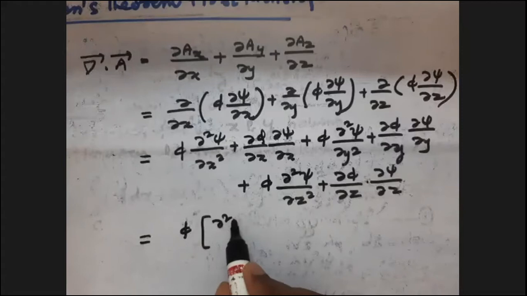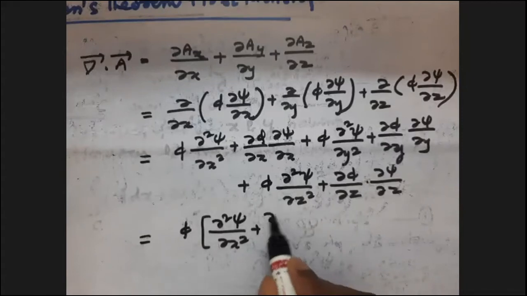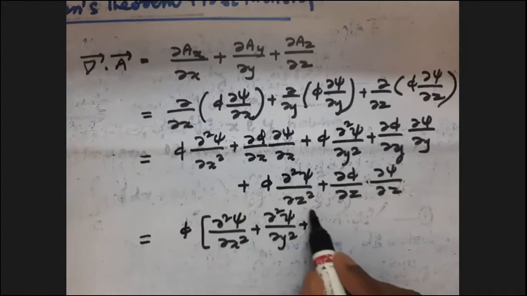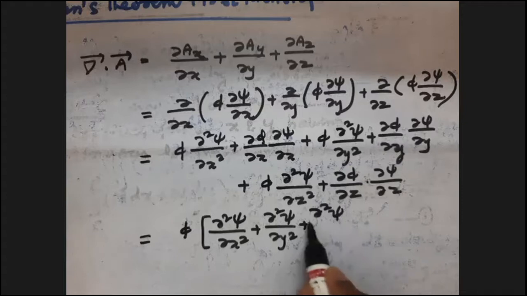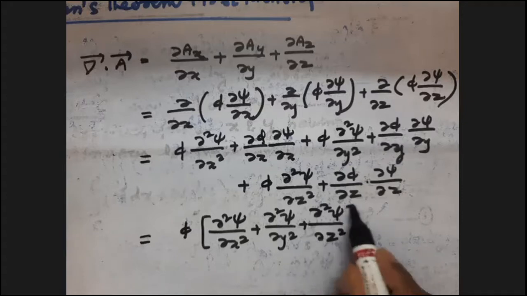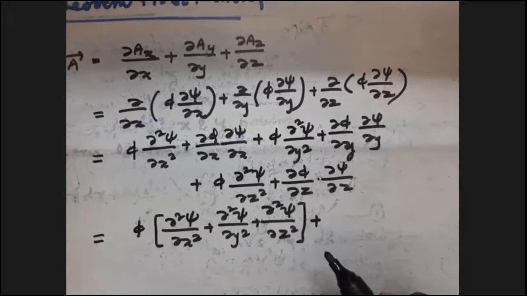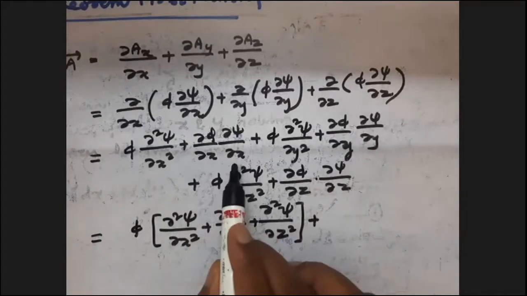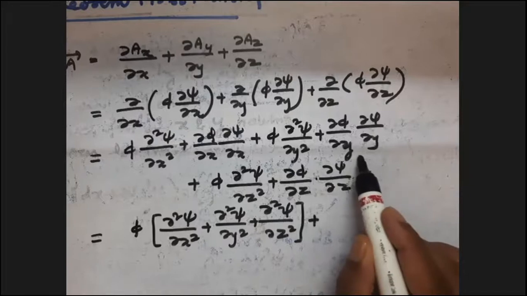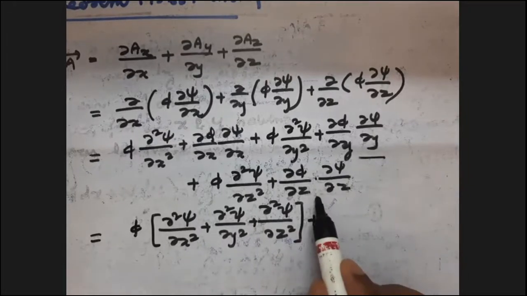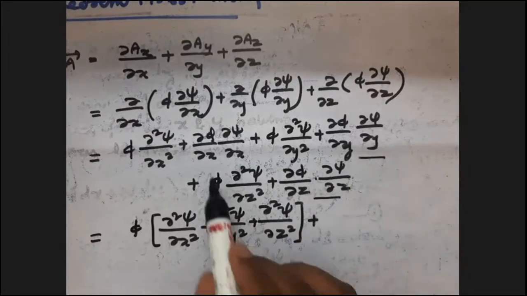Del square psi by del x square plus del square psi by del y square plus del square psi by del z square plus remaining terms, what we have: del phi by del x del psi by del x plus del phi by del y del psi by del y plus del phi by del z del psi by del z.